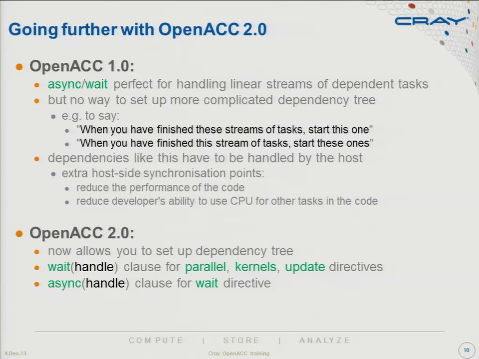Or, when this has finished and that has finished, which may be executing in parallel, then I would like you to do this. If you wanted to do that, you had to have explicit host synchronization. You had to put a wait directive in to say that had finished. So you could have linear streams of tasks, but you couldn't have a dependency tree where multiple things depended on one thing or one thing depended on multiple things.